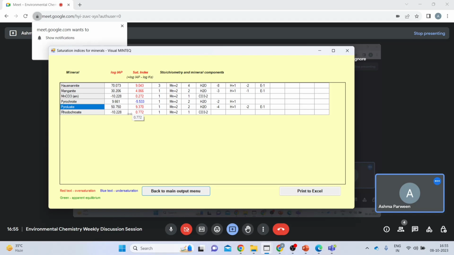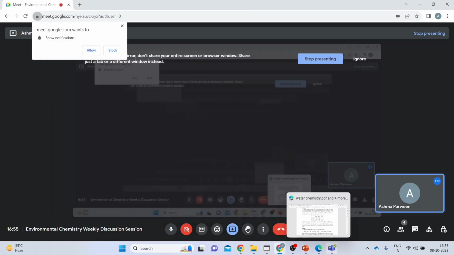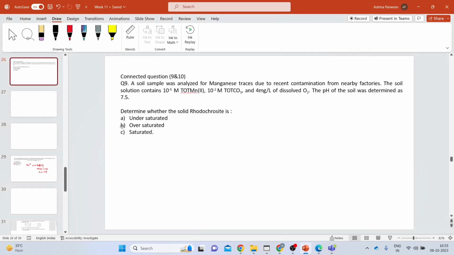The question was for rhodochrosite, and we can see that the saturation index is 0.772, which is greater than 0. So the solution is supersaturated with respect to rhodochrosite. So the correct answer here is oversaturated.